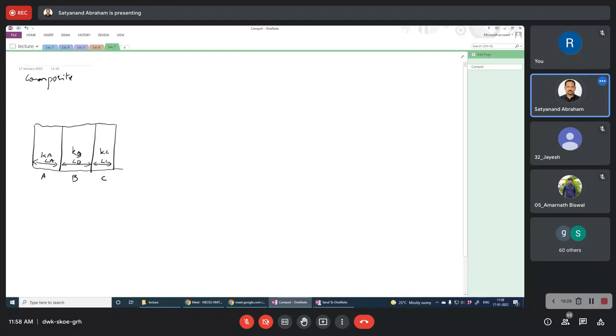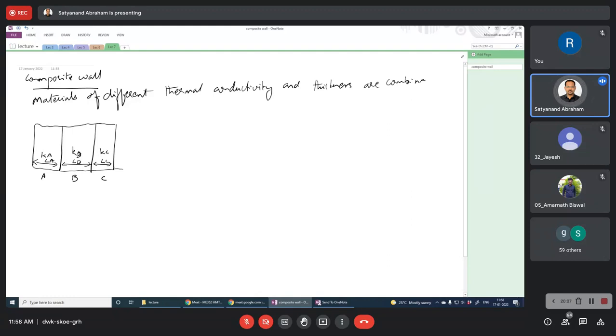It is known as the composite wall. So we can write: materials of different thermal conductivity and thickness are combined to make a wall.